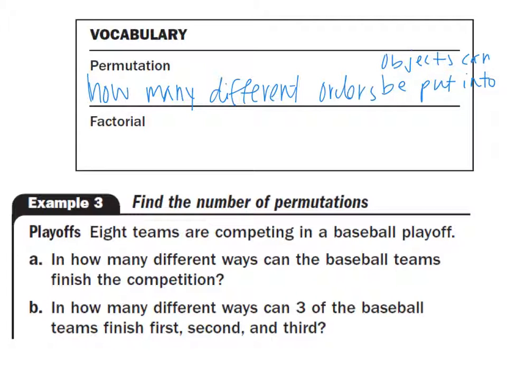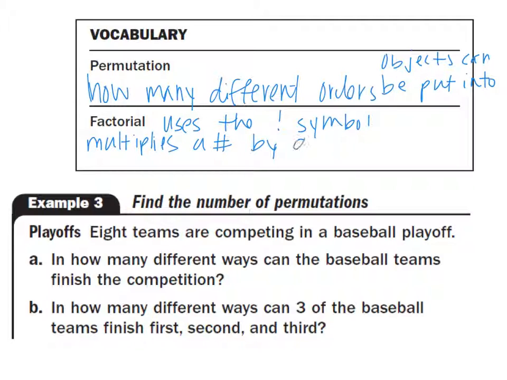So now factorial in math uses the exclamation point. And what a factorial does is it just multiplies a number by all numbers smaller.